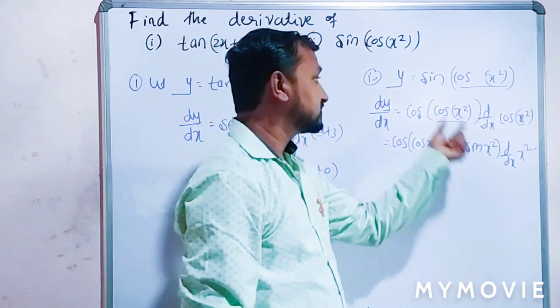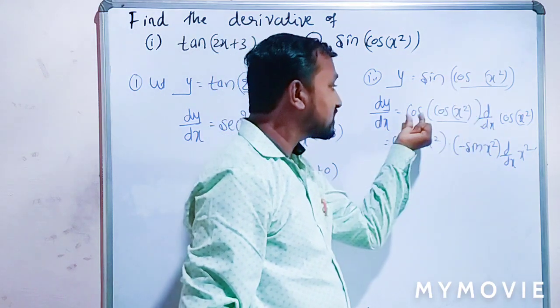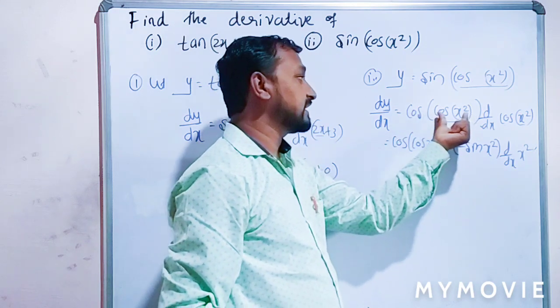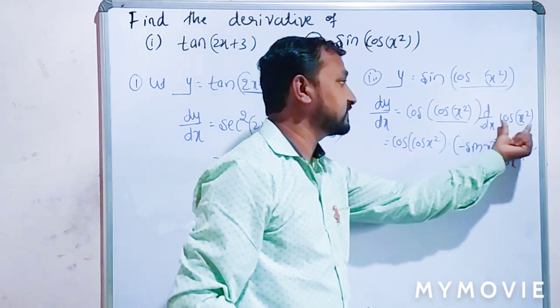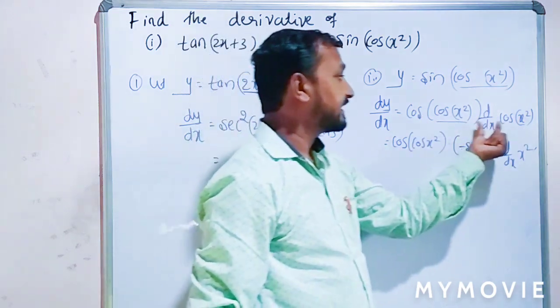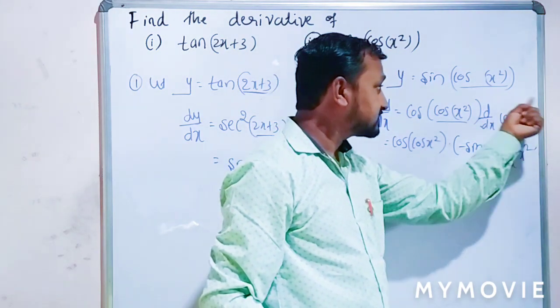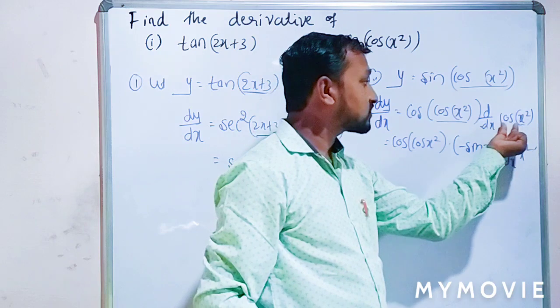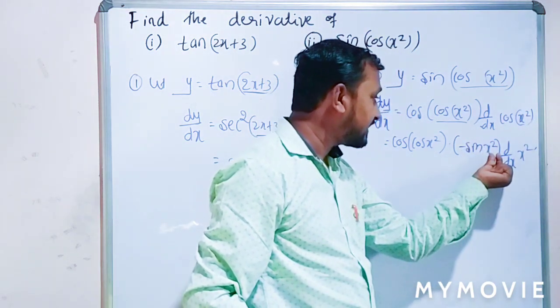Is that clear? First of all, this is the sin x form. The derivative of sin x is cos x. Instead of x, cos x square is there. Again, derivative of this composite function, d by dx of this function. So keep this function as it is, cos of cos x square. Then again, this is of the cos x form, a composition of two functions. The derivative of cos x is minus sin x.